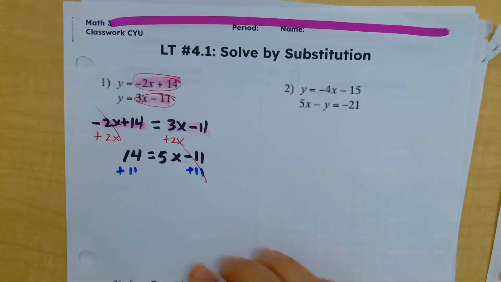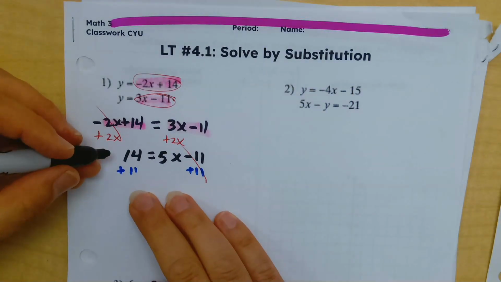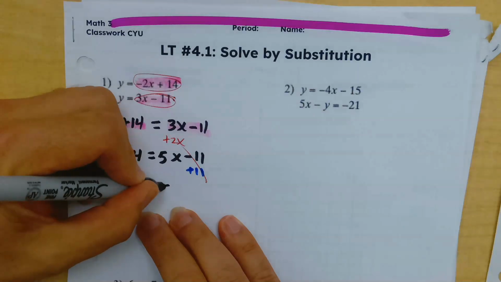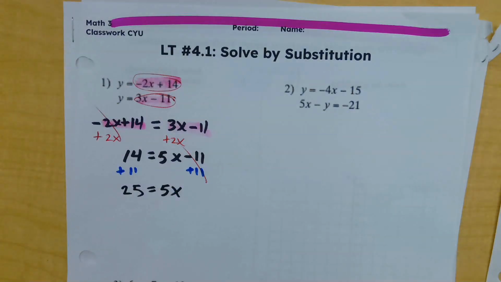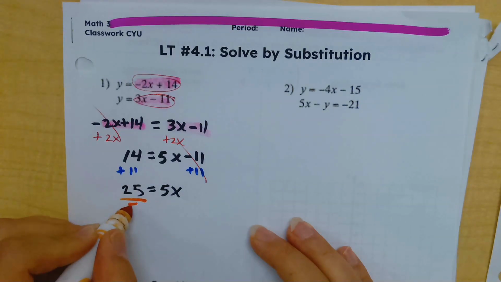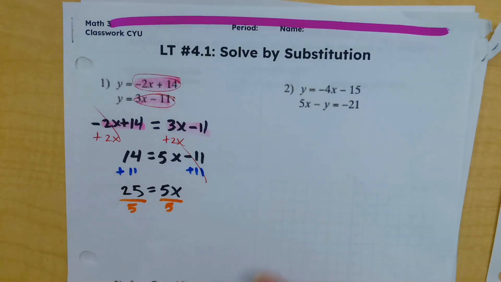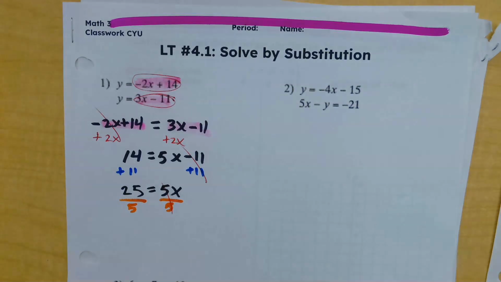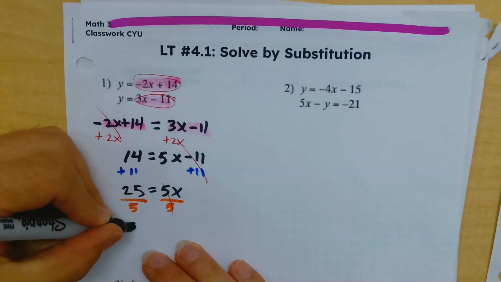And then I've got 11 and 14 is 25 equals 5x. And then the last step here is I'm going to divide both sides by 5. And I get 25 divided by 5 is 5. So now I get x equals 5.